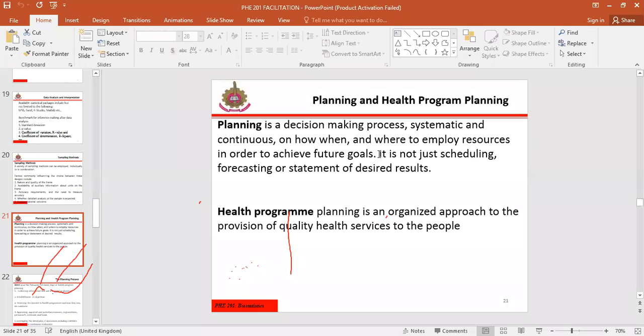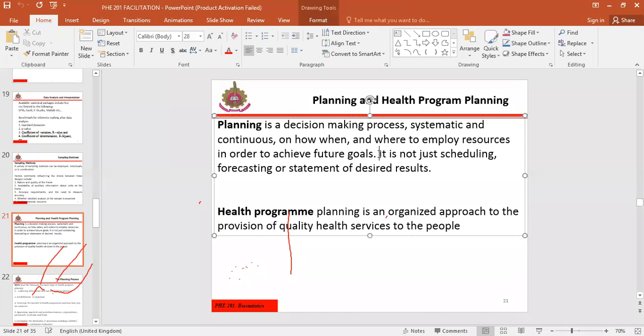And if you are to realize a huge profit, then there is need for you to be able to plan very well so that you will have your goals achieved. It is not just scheduling, forecasting, or a statement of desired results alone, but for you to adequately put in place what is required for you to achieve your goals.